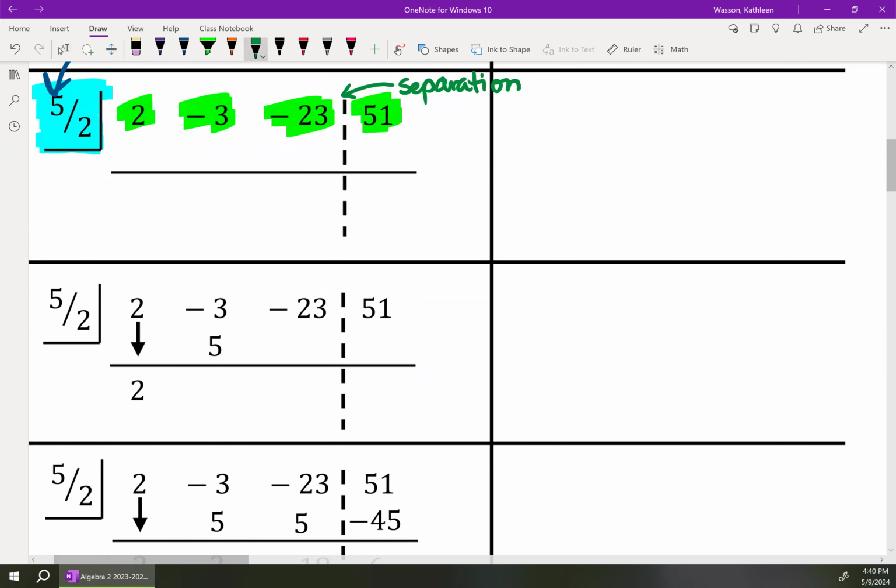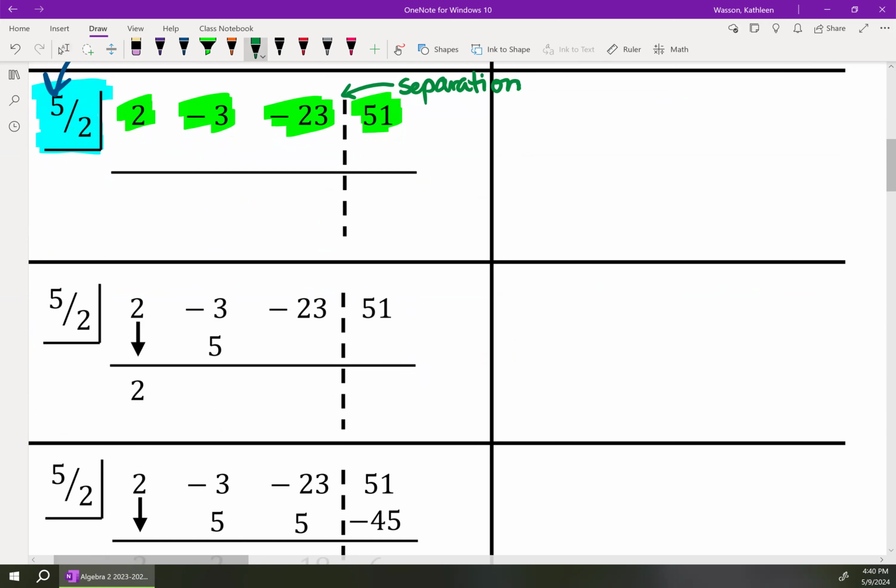The 5 you put on the line to the right. Then we'll add. So this box right under here, we add these. So I have 5 over 2 on the shelf. I brought my 2 down. I multiply. I get 5. I write that right here. And then I add these. -3 plus 5 is +2.